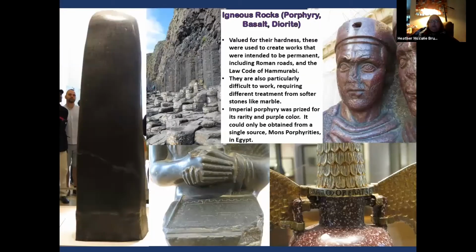Then we move to the igneous rocks, particularly the hardest ones, so porphyry, basalt, and diorite. And in this course, I cover not just how you obtain them and how they're worked, but also if they have symbolic properties.